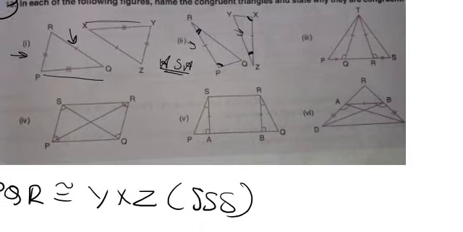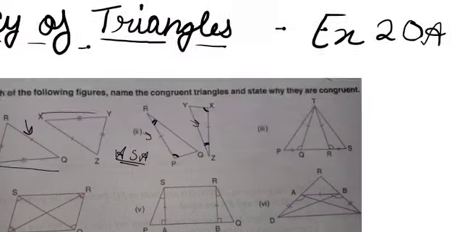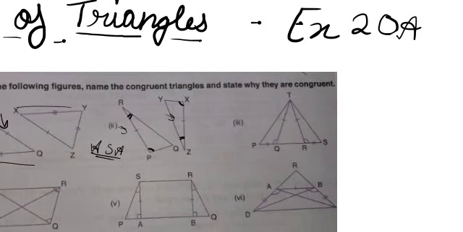So triangle PQR is congruent to, and if we come back here, you see this time PQ is equal to which side? Have a look. PQ is this one, right, on which there is the first angle that is equal, so this becomes XY, right?